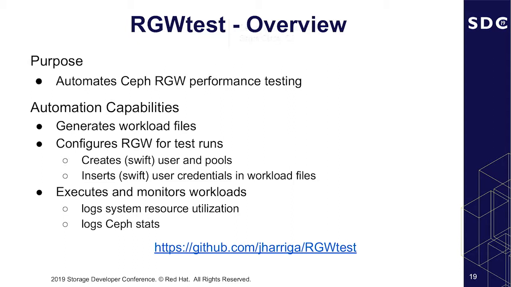The key thing that RGW test buys you is some additional logging over and above the results that Koz Bench provides. The monitoring that happens at the system resource level is all done inside of a polling script, and the frequency of that polling is user configurable. There's also heavily commented code around adding additional polling capabilities in there.